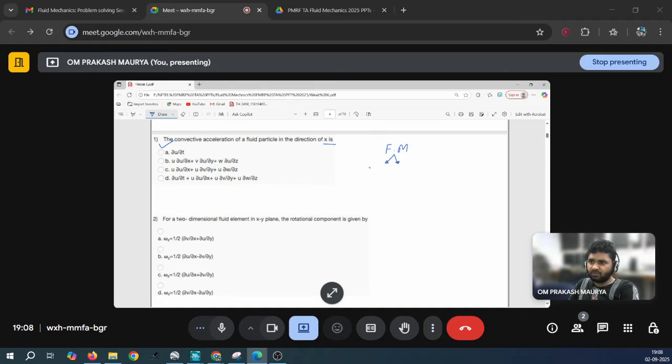One is local and another is convective acceleration. Here the question is asking about the convective acceleration, not the local acceleration. So what is local, what is convective, I'll discuss.